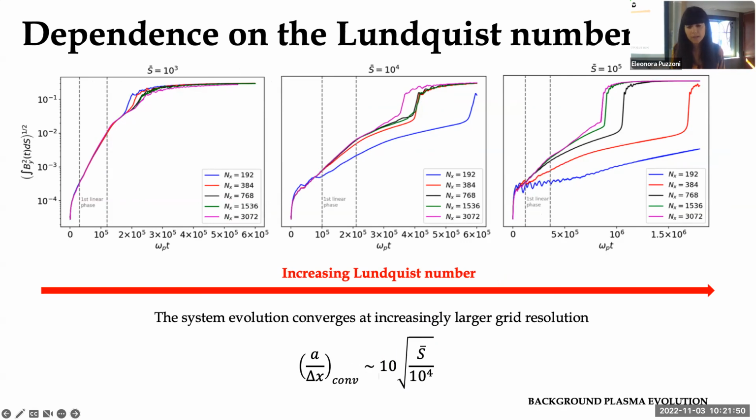In fact, we have found this relation for the convergence threshold, and we can see that we need at least 10 points on the initial scale length of the current sheet. In fact, if we look at this case, the lower Lundquist number case, we need 3 points on the initial current sheet width to reach convergence during the first linear phase. But if the Lundquist number is equal to 10^5, we need at least 30 points on the initial current sheet length.